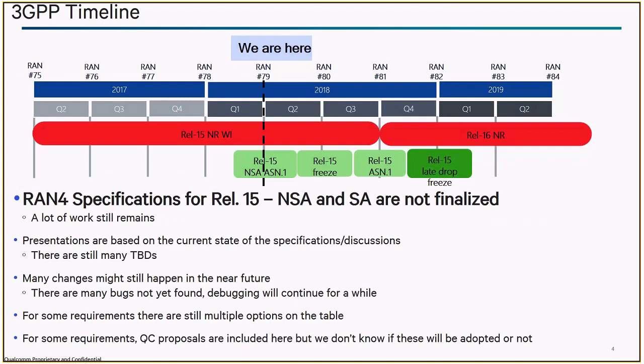It actually was able to do that in terms of RAN 1 and RAN 2, which is the physical layer and the protocol layer. But the RAN 4 specifications, which define the test requirement, testability, and the various conditions in which the testing can happen, are still not finalized. Apart from that, the test spec is still not complete.